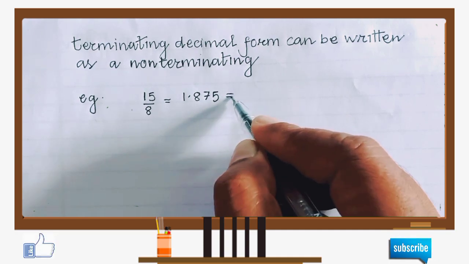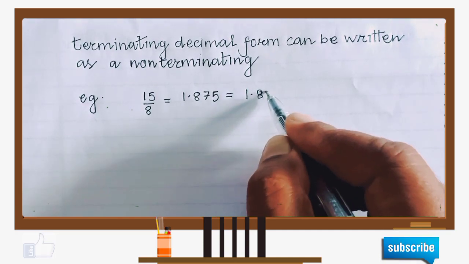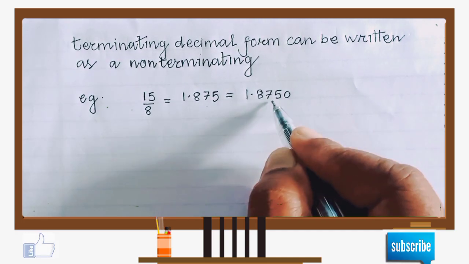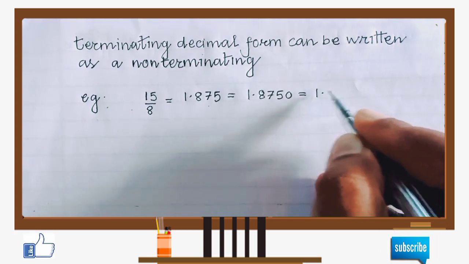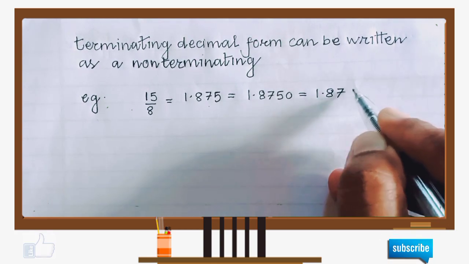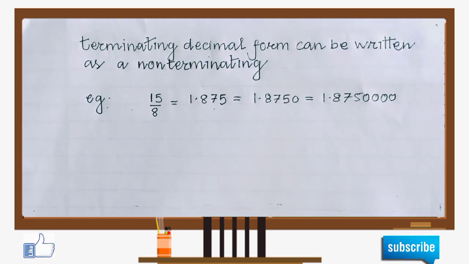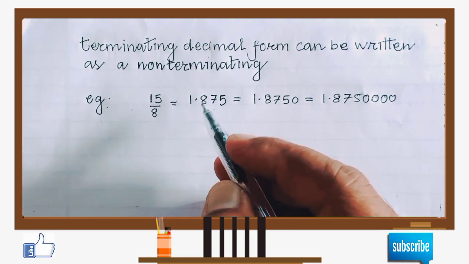But you can write in this way also: 1.875, this is equal, and this is also equal. You can also write it as 1.8750000. All of these are equal.